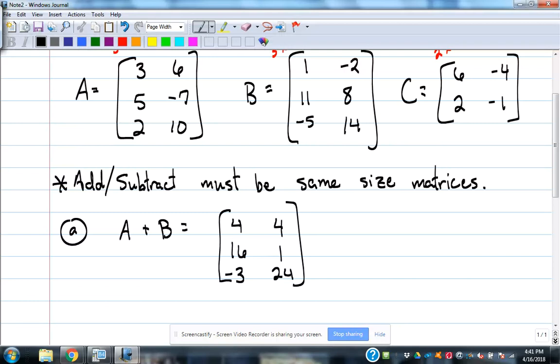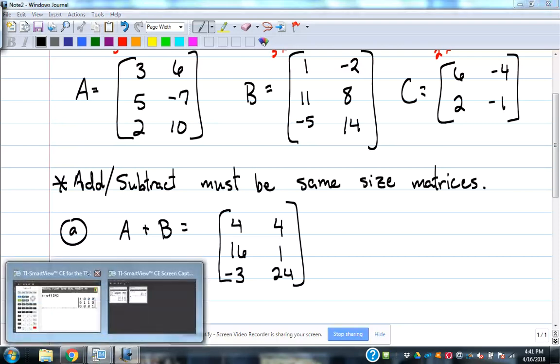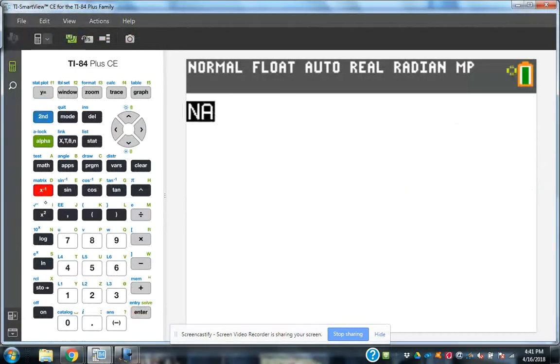Can you do that in the calculator? Absolutely. But why would you? You just enter those two matrices in your calculator, and then using the names operation, you would go to second matrix.